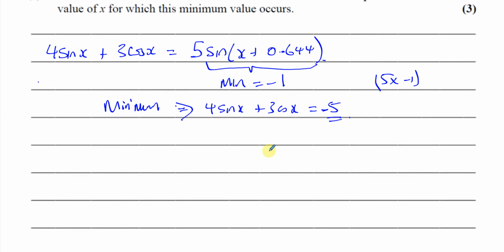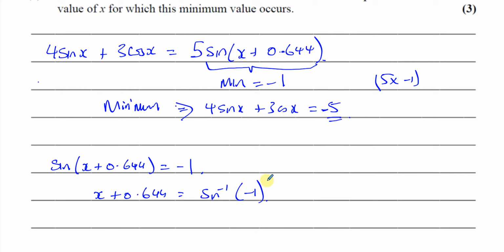So we can see that the minimum occurs when the sine of x plus 0.644 is equal to -1. That's when the minimum is going to occur, when this part becomes -1. So we have to just solve this equation. To find the value, you're going to do x plus 0.644 is equal to inverse sine of -1.